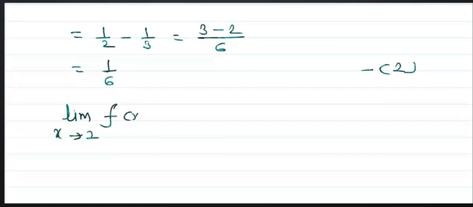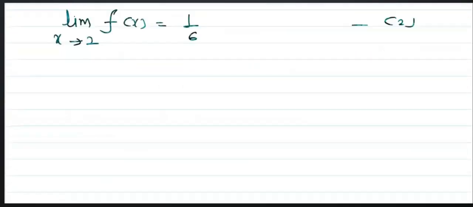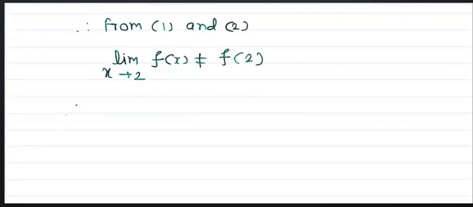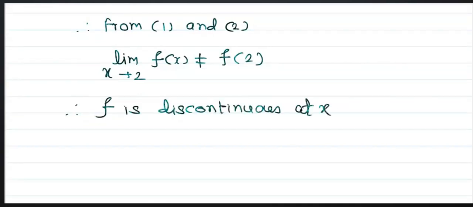Therefore, limit x tends to 2 is 1 by 6. The value of the function is 1 by 5. Therefore, from 1 and 2, both are not equal, and that's why f is discontinuous at x is equal to 2.